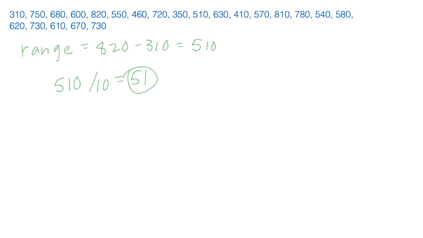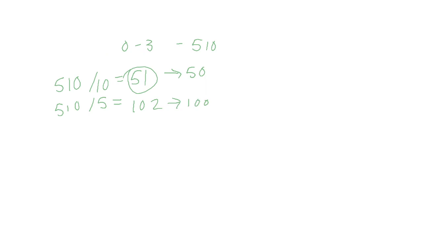So if we want to do nice clean intervals of 50, we would have something like 11 categories, which is what we're going to do. Then of course, if you wanted, say, less categories, say you want a smaller histogram, if you do this division here, you get something like 102, meaning we maybe need 6 categories of about 100. So again, don't worry about this. You will not need to determine this for our class.